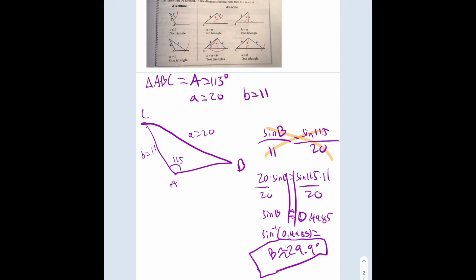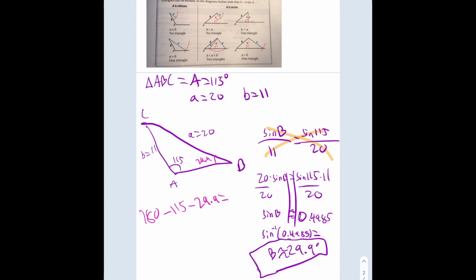The other answer that I needed was to figure out, once I get two angles, so again, I know that this angle right here is 29.9, so I know there's 180 degrees in a triangle.